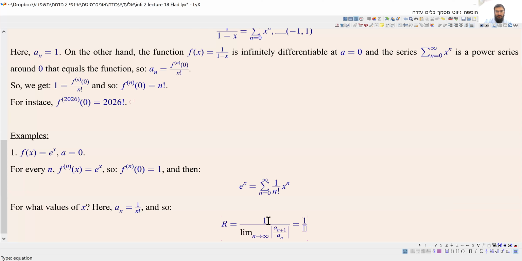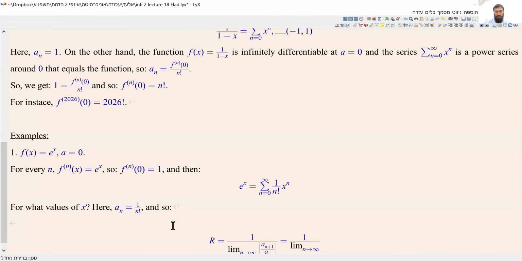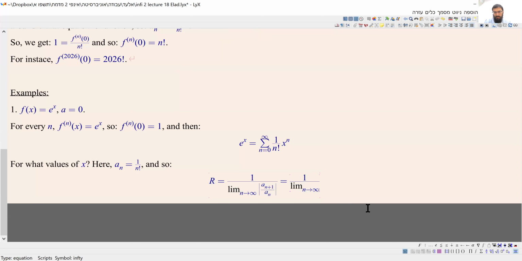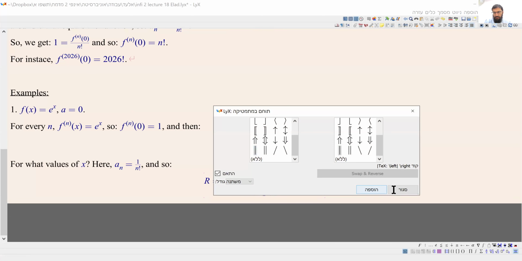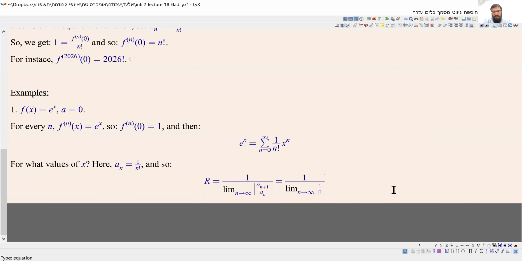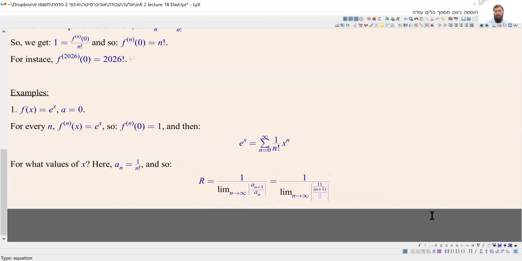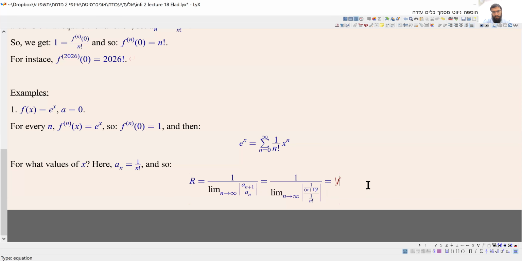You know what's going on here. The limit of 1 above (n+1) factorial, 1 above n factorial. We know how things cancel each other.